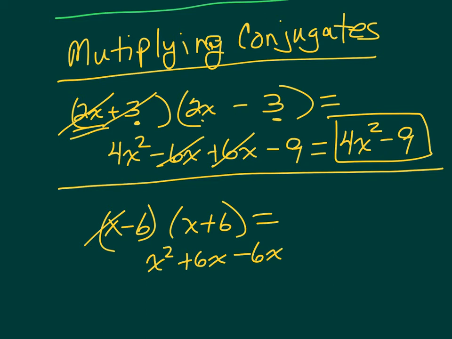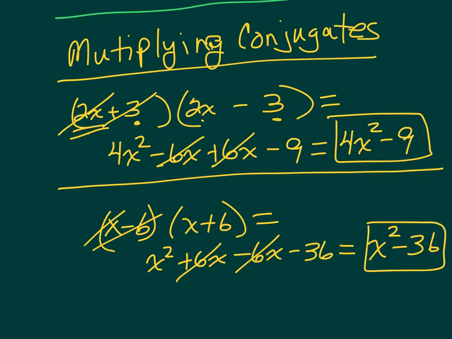Negative 6 times 6 is negative 36. Done with the minus 6. Do you see that it happened again? 6x and minus 6x cancel. And I just end up with x squared minus 36. It did happen again.